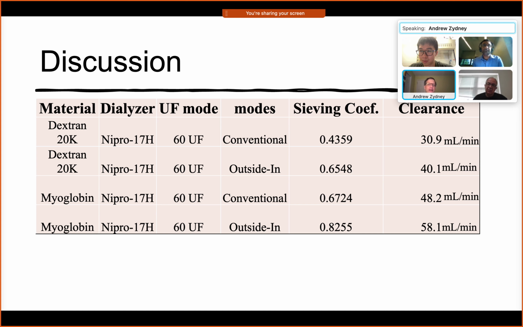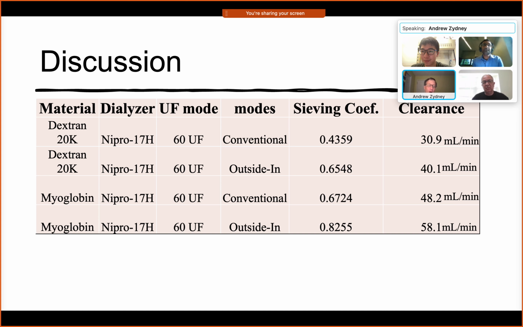But in order to be more quantitative than that, you would also have to know what the diffusive contribution is. Because even if there was no convection, there will be clearance of both the dextran and the myoglobin. You don't expect the clearance to go to zero if you eliminate the convection.